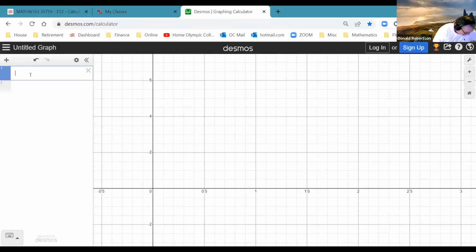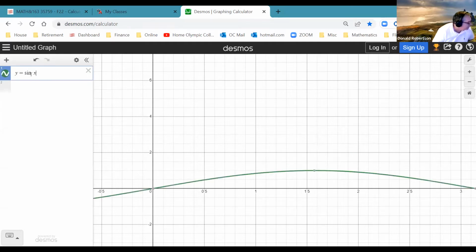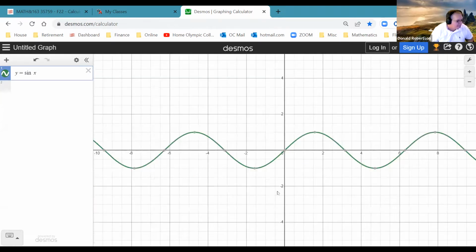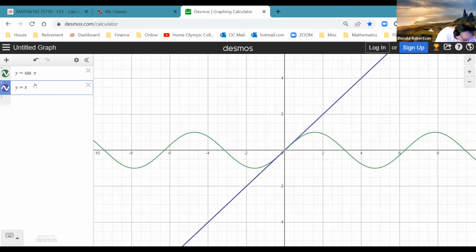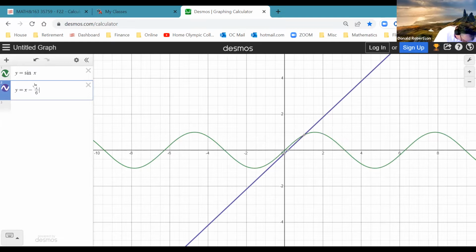So the original function is sine x. Let's do that. There, nice sine x. I'm going to do y equals, and I'll type in all the pieces. We have an x. We subtract 1/6 of x cubed.